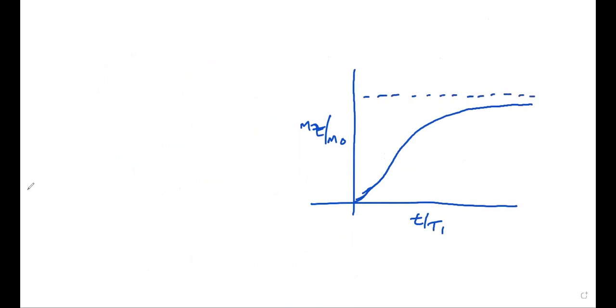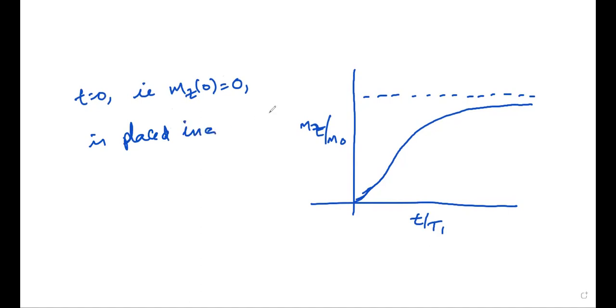At t equal to 0, an unmagnetized specimen has Mz of 0 equal to 0. It is placed in a static magnetic field B naught.